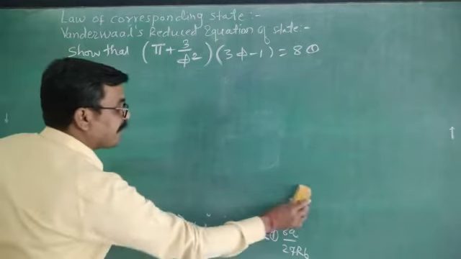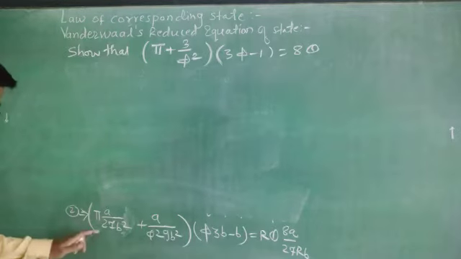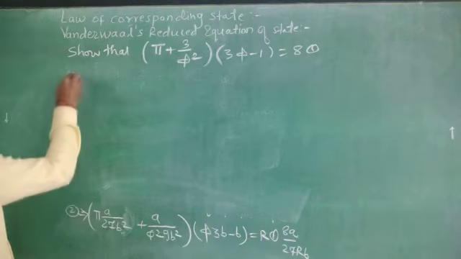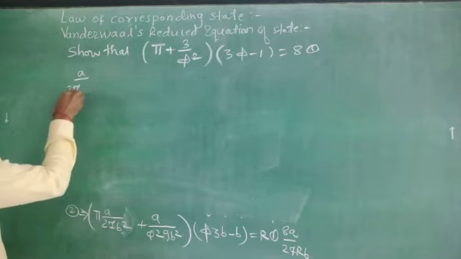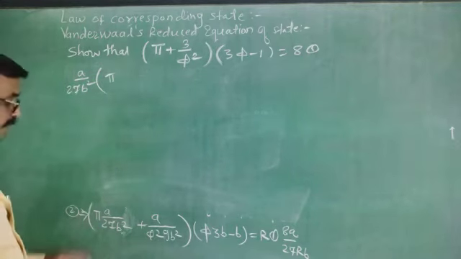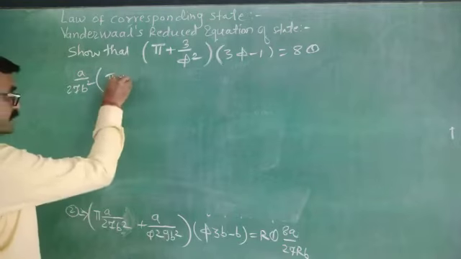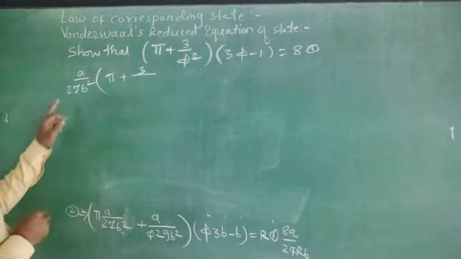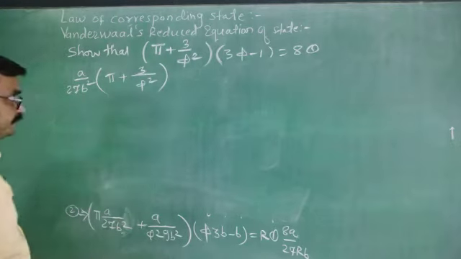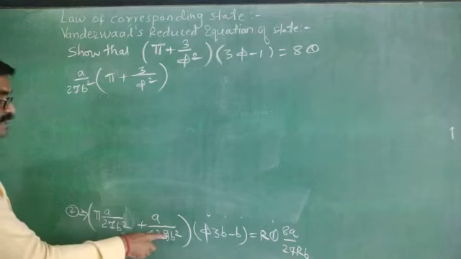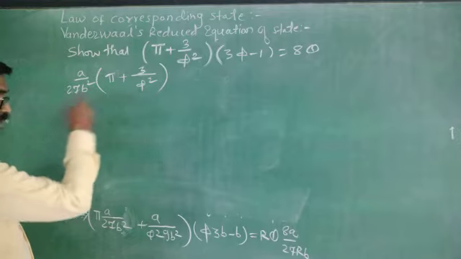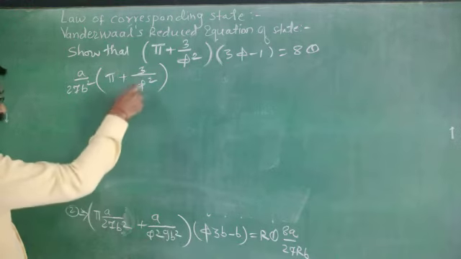Now in the first bracket, if we take A upon 27B square as common, then what remains is pi plus thrice upon phi square, because here there is 9, and 3 by 9 with 27 gives 3 upon phi square.